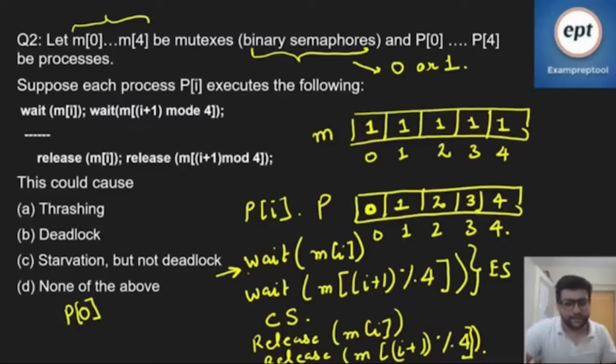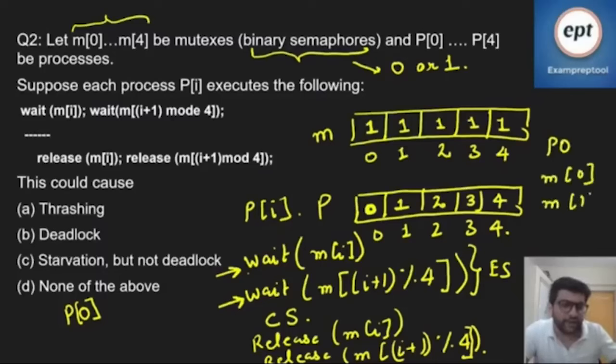Right? Now, the statement after this wait Mi command, the wait M(i+1) mod 4. As we can see, for process P0, it was first waiting for M0 and then it is waiting for M1, right?